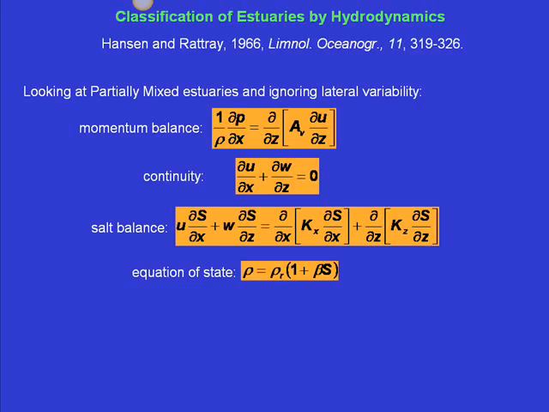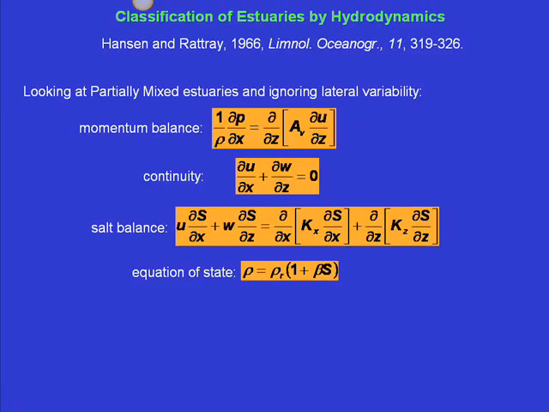Remember when we talked about the thermal expansion coefficient, and we showed a contour plot of how that thermal expansion coefficient changes with temperature and salinity. This is the equivalent but for salinity, the effects of salinity on density. And this changes much less than the thermal expansion. This haline contraction is around 7.8 times 10 to the minus 4.